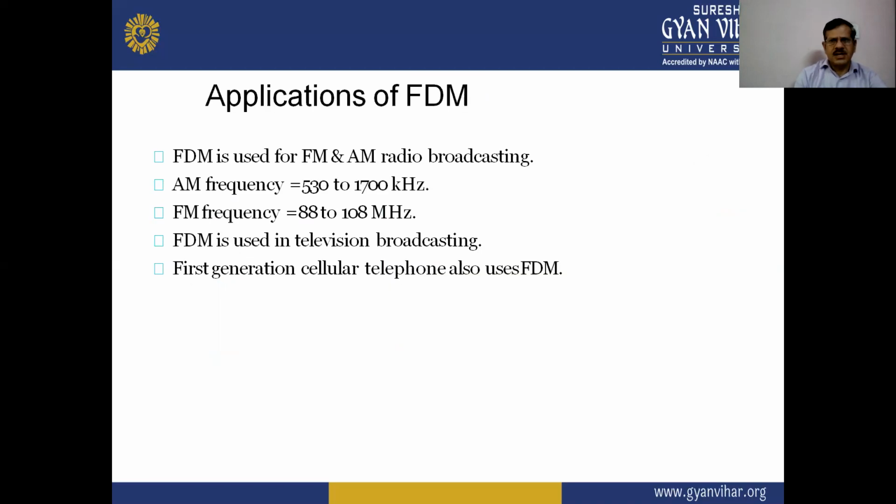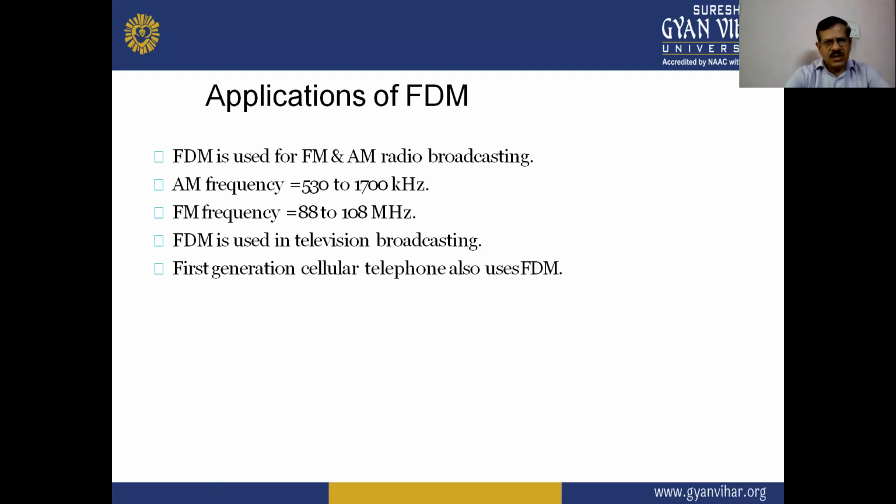And what are the applications of FDM? There are many applications. FDM is used for FM and AM radio broadcasting, FM frequency modulation and AM amplitude modulation. The AM frequency range is 530 to 1700 kilohertz.